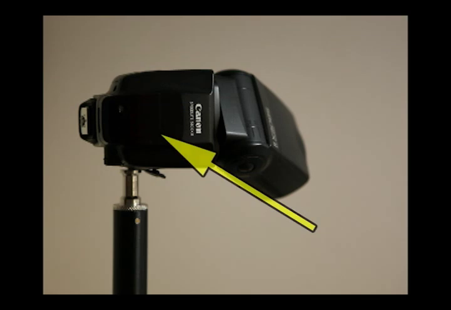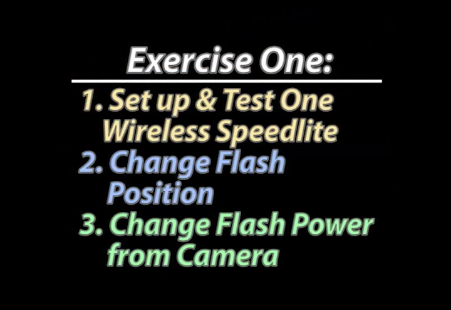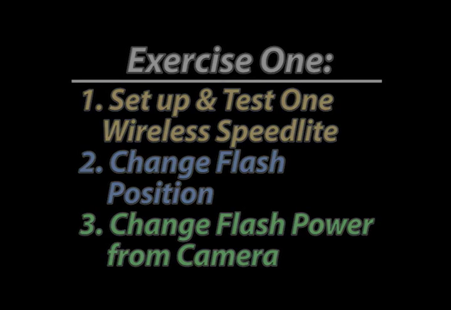Make sure that the red panel on the speedlight always faces towards the camera because this is how they communicate. Move the flash around different distances, and I would also recommend changing the power from the flash menu. This will allow you to control the flash power without having to go over there and fiddle around with it.